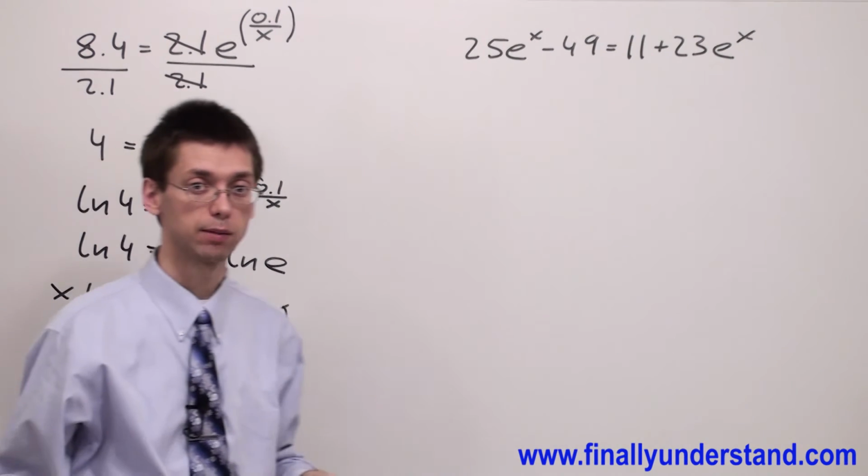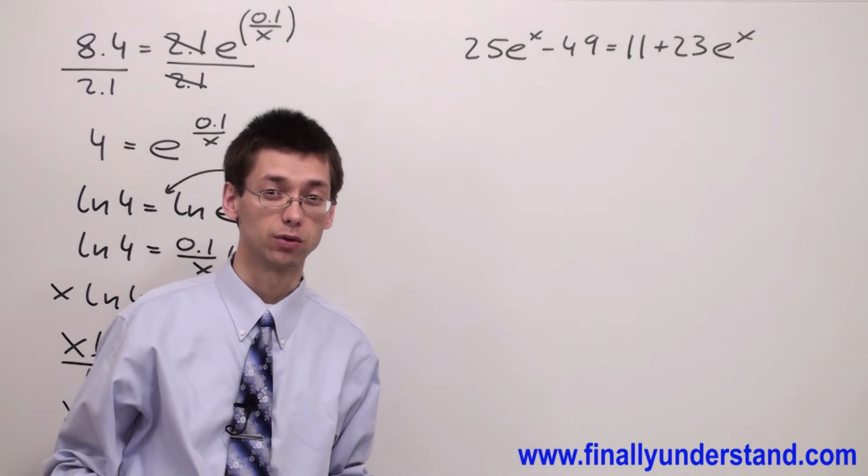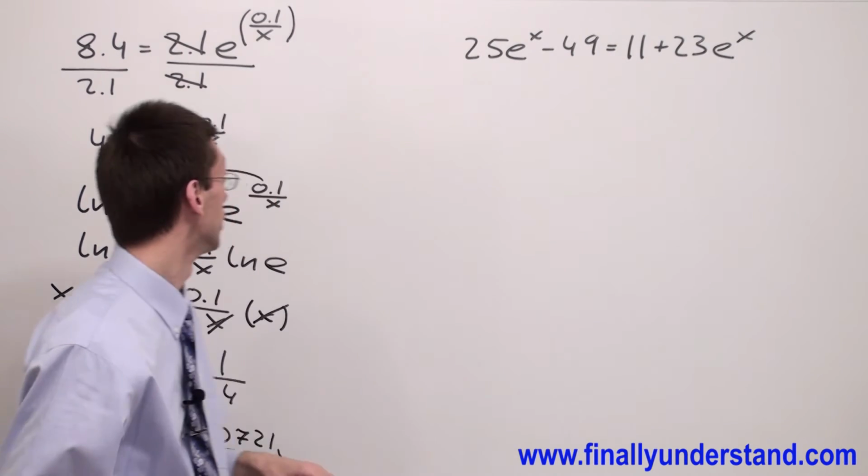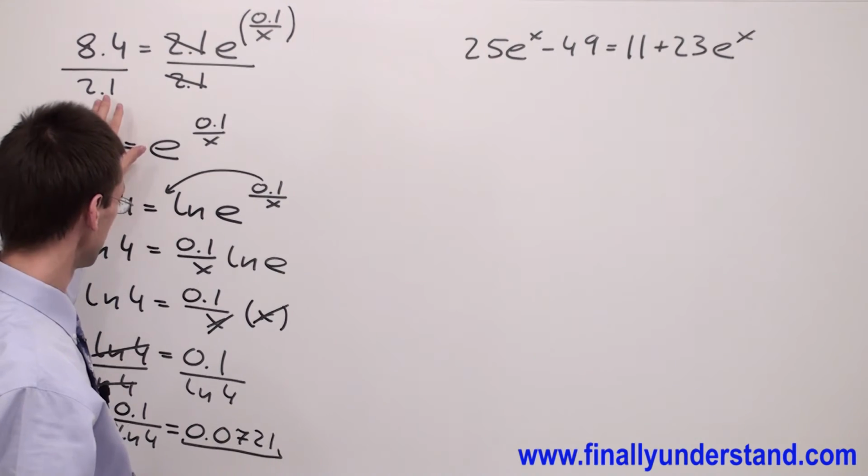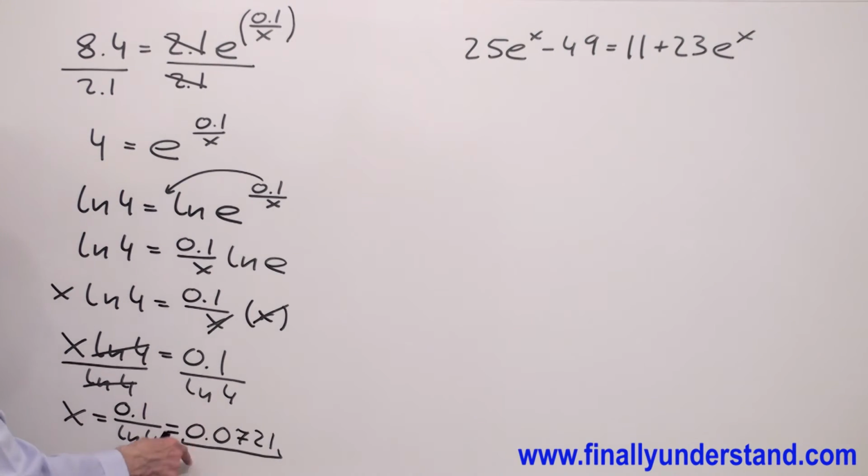You can get something like 8.399, something like that. So it's telling me that the answer for this problem is correct if left side is equal to the right side.